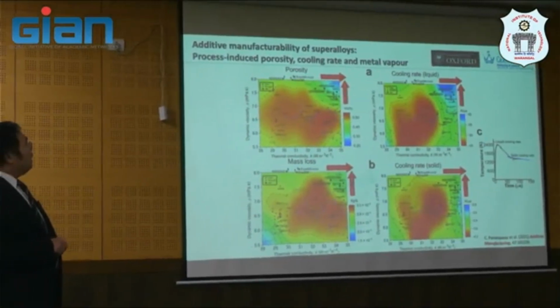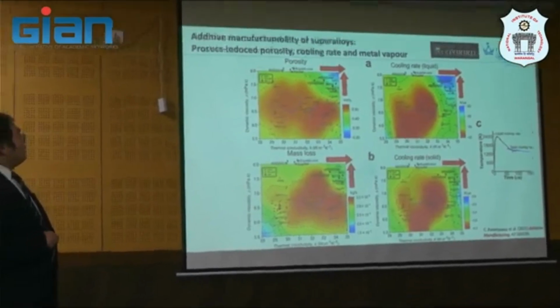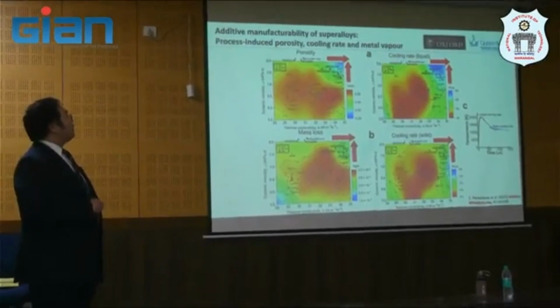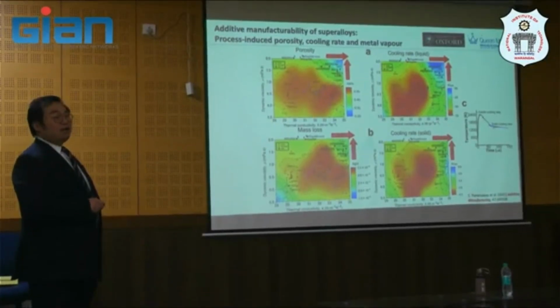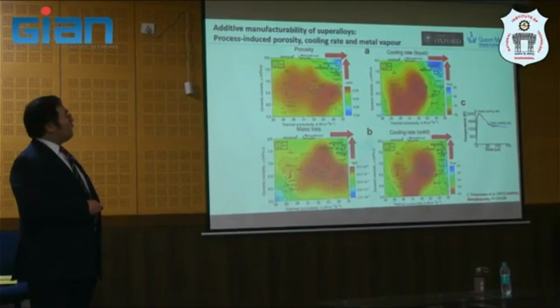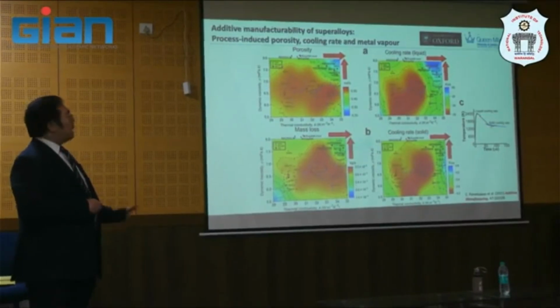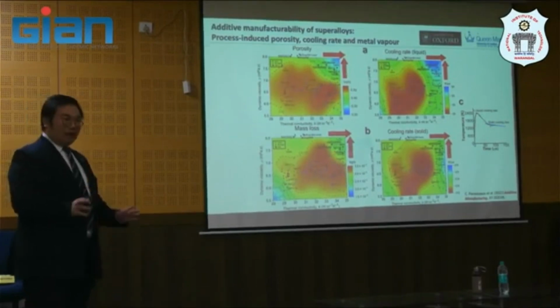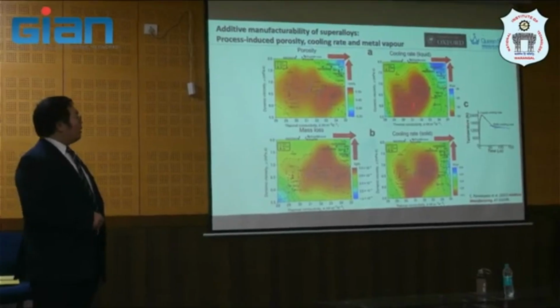You will see that there is some window that actually turns green or blue. That means more printable in terms of porosity, in terms of cooling rate, which contributes to the distortion later. Cooling rate means different things as well: cooling rate from liquid to solid or from solid to solid. That has to be clearly declared.